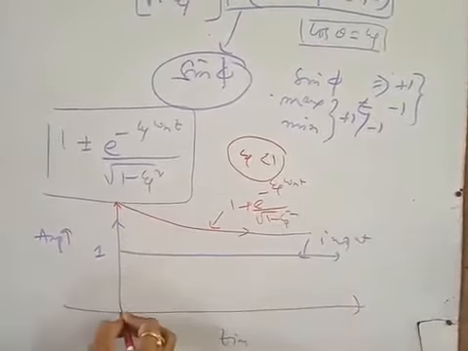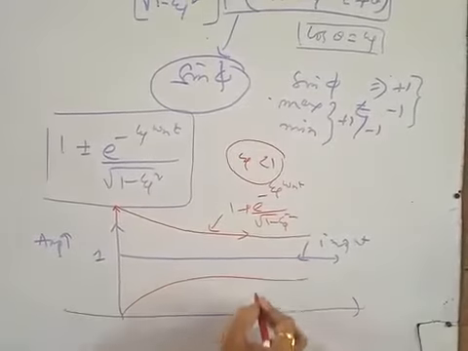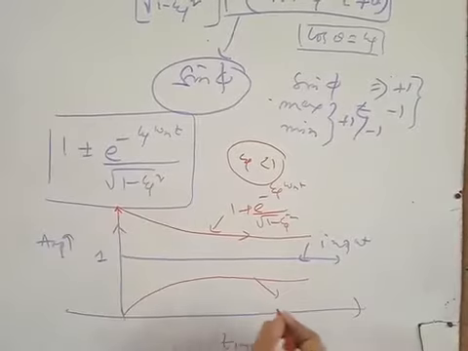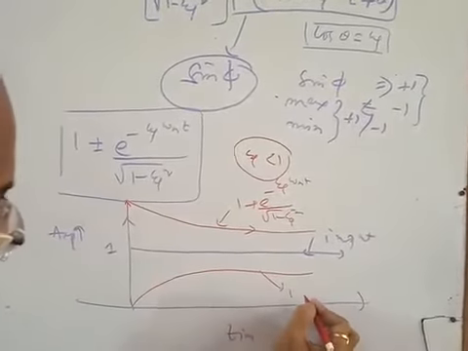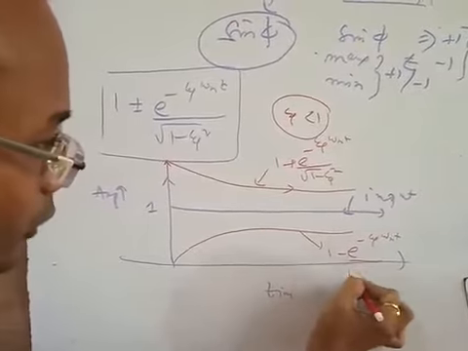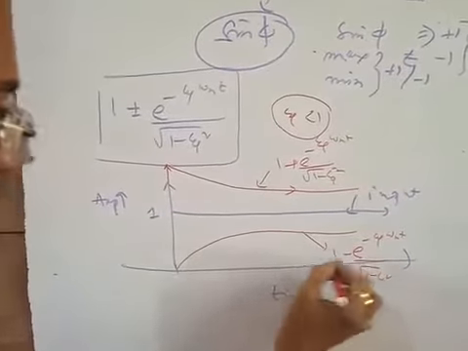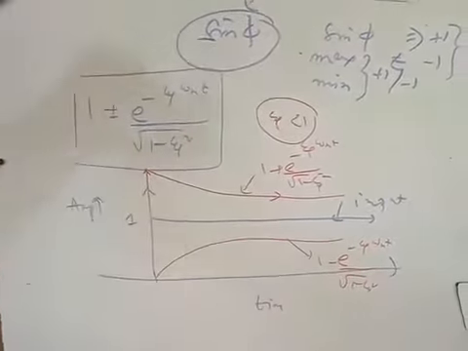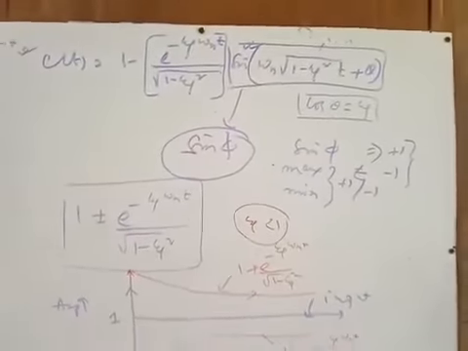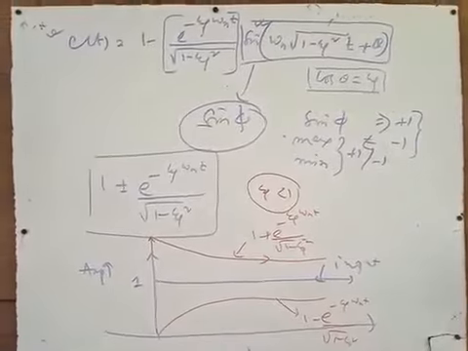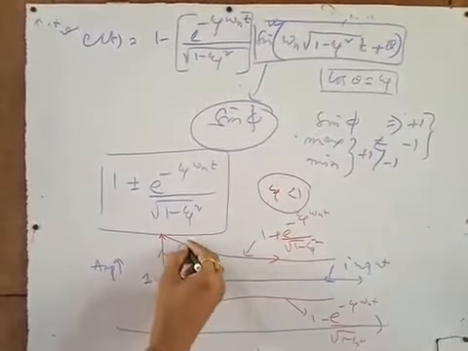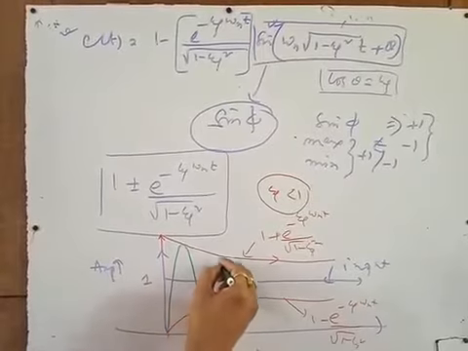Similarly, you get the envelope like this, which we have already discussed in the case of a first order system: 1 minus e to the power minus xi omega n t divided by root over 1 minus xi square. So these are the two envelopes. Within this, a sinusoidal signal is moving. How will the sinusoidal signal look? That is your output signal, and you see the output signal follows this envelope.